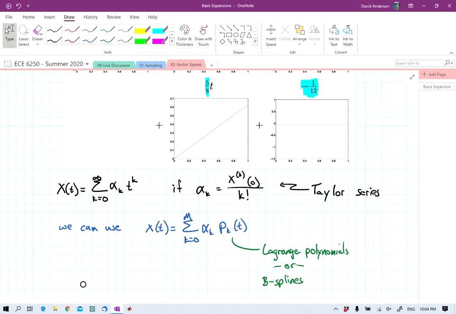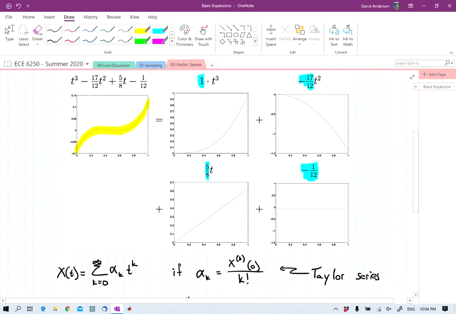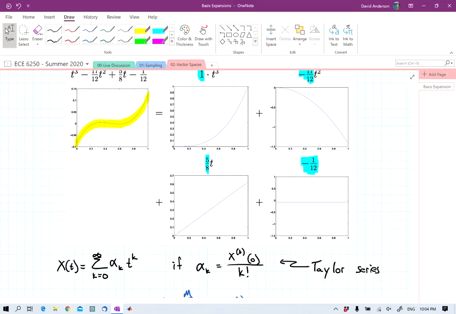So once again, just a few ways that we can take a continuous time signal that has some limitations.